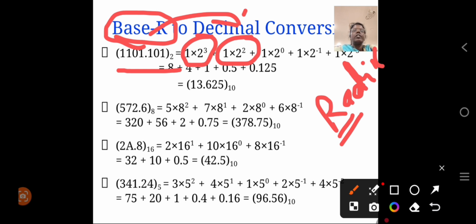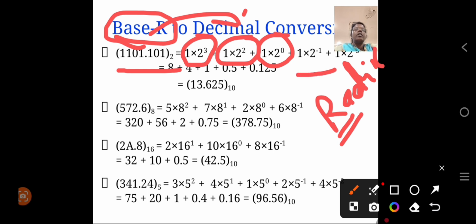The next bit is 1, with place value 0, so 1 is multiplied with 2 power 0. Like that, we can calculate the weightage for each individual bit in the integer part of this number. Then what is 0.101? This is the fractional part, where each place value is represented in negative. The first bit, nearest to the binary point, is 1, with place value -1, so it is multiplied as 1 into 2 power -1.